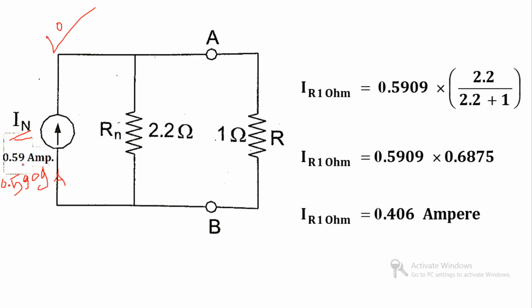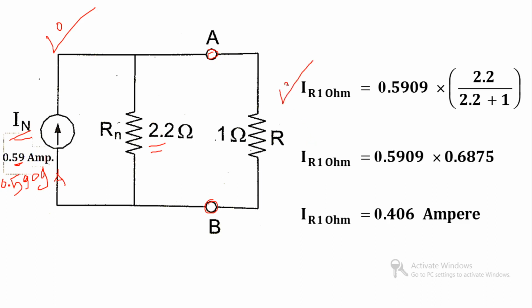You can simply write 0.59, that does not make any difference, and the Norton resistance is equal to 2.2 ohm. And now we have to connect the load resistance, 1 ohm, which we short circuited in our first step, to our Norton's equivalent network.